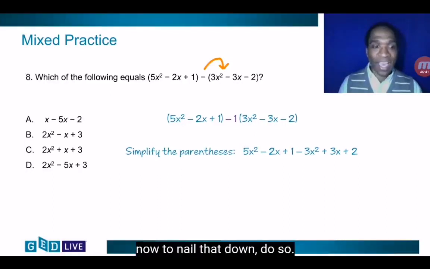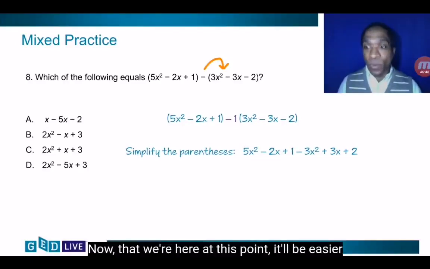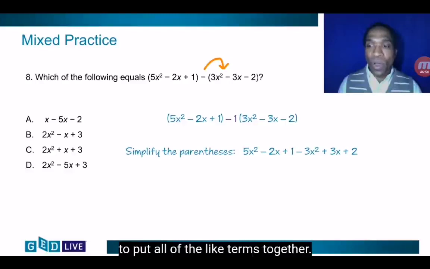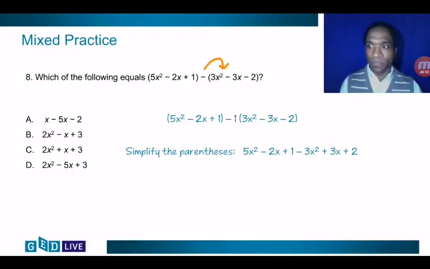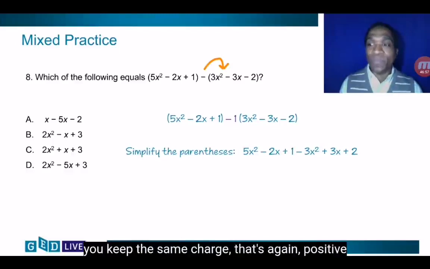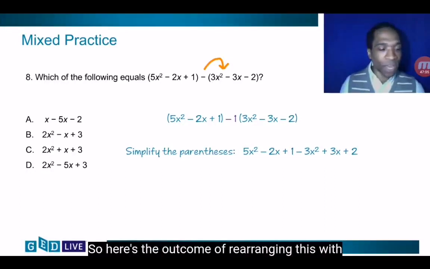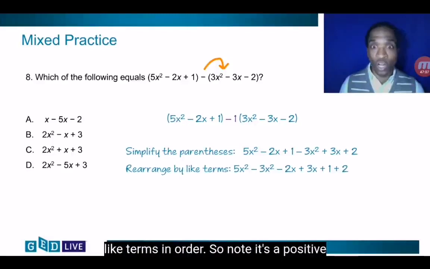You need to pause now to nail that down, do so. Okay, now that we're here at this point, it'll be easier to put all of the like terms together. And when you rearrange the terms, as long as you keep the same charge, positive or negative, to the left of each term, you'll have the same expression. So here's the outcome of rearranging this with like terms in order.